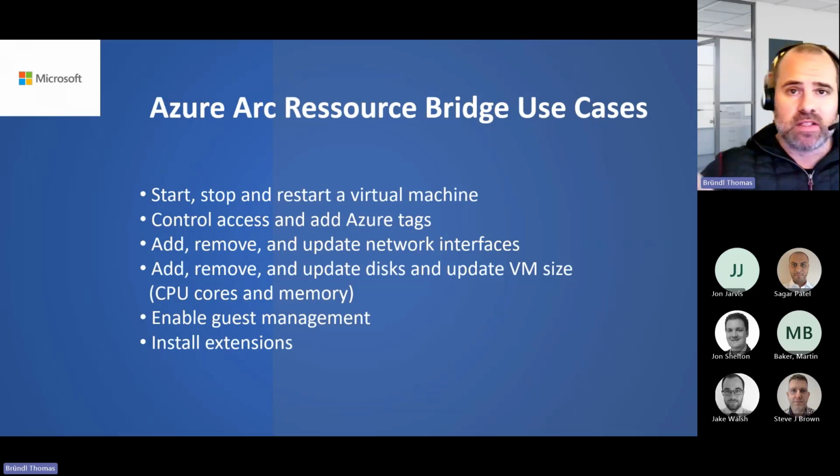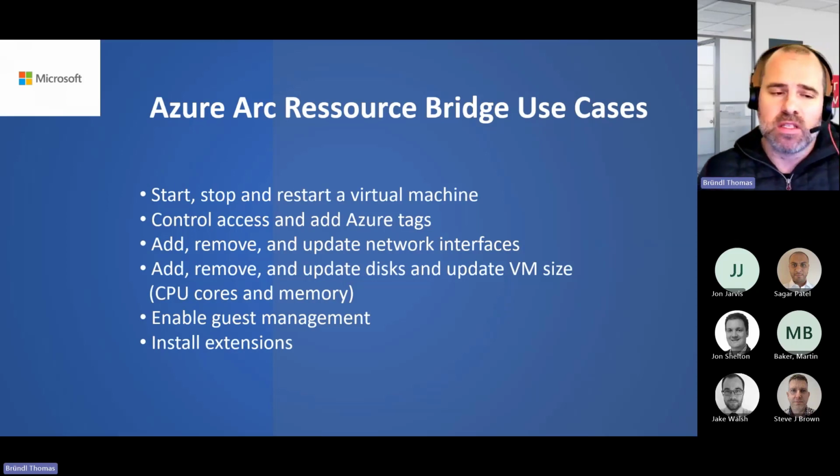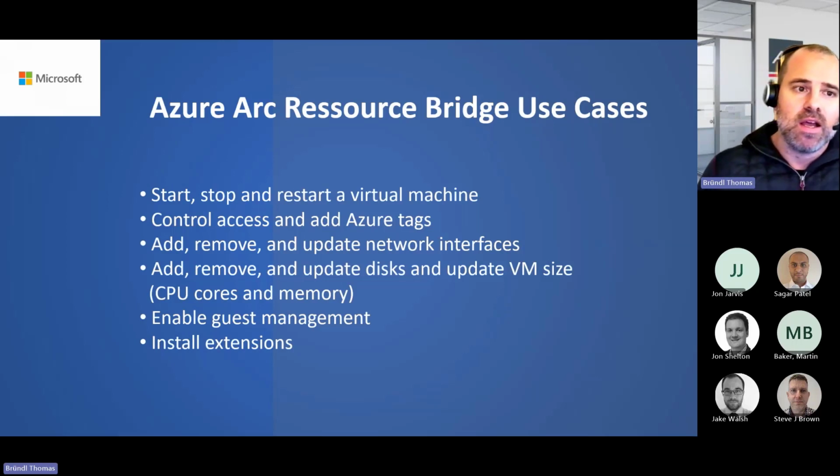Or, for example, you can create a DevOps pipeline, and a service principal or a managed identity can create the needed resources on-prem for you over the Azure portal via the DevOps pipeline.